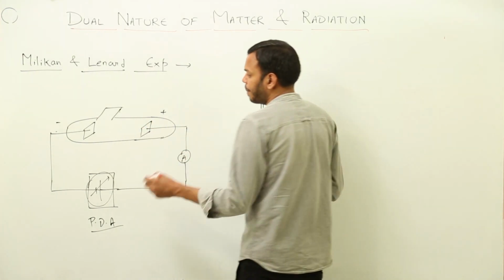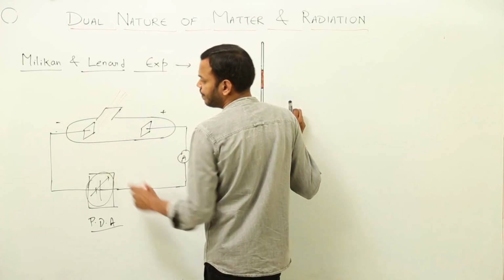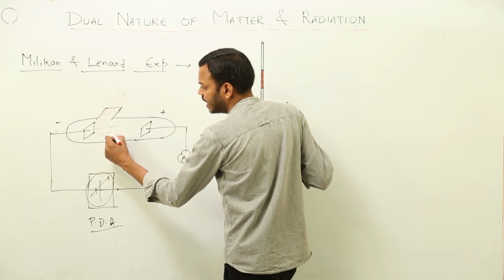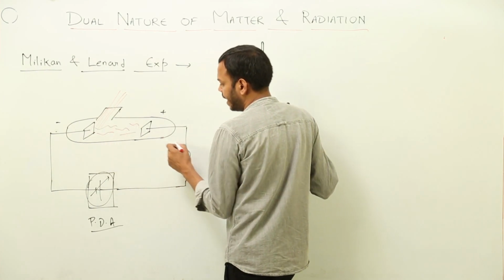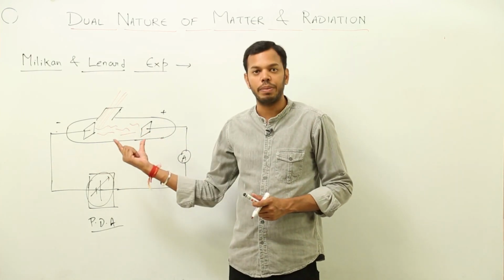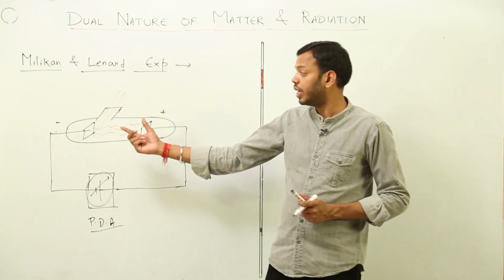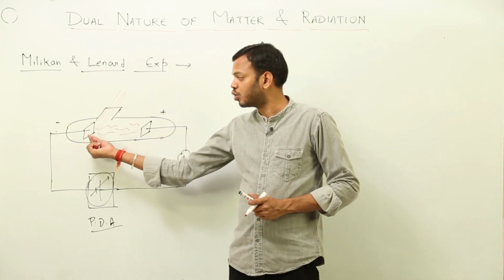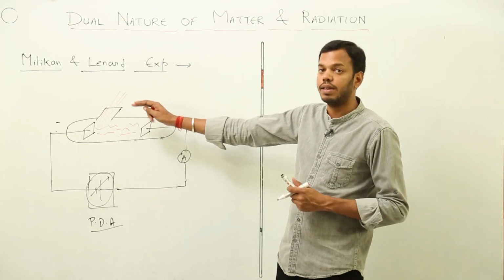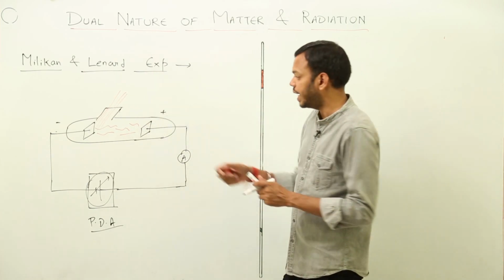Now when this experiment started with incident radiation falling on the plate, that helped electrons to escape this plate and enter this plate. So that is how the connection between these two plates was made. As I already explained, this whole tube was vacuumized, so there was no other way that electrons could travel from this plate to this plate unless this action was supported by photons, right?